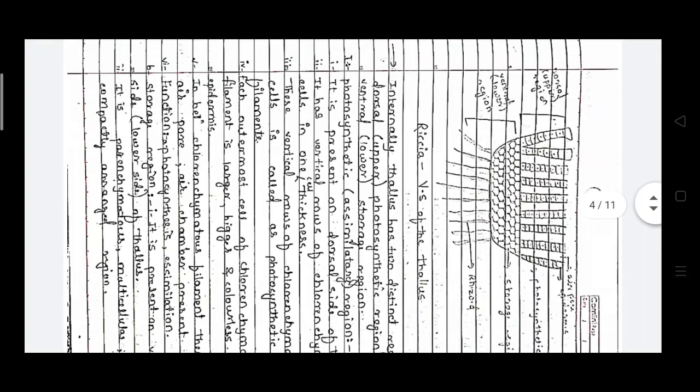In this photosynthetic region, mostly present on the dorsal side of the thallus, it has vertical rows of chlorenchymatous cells in one cell thickness.